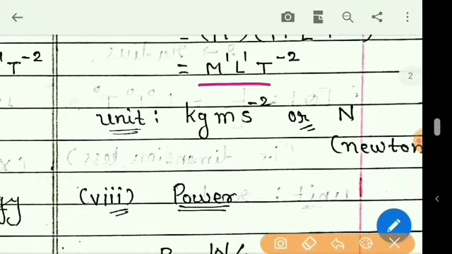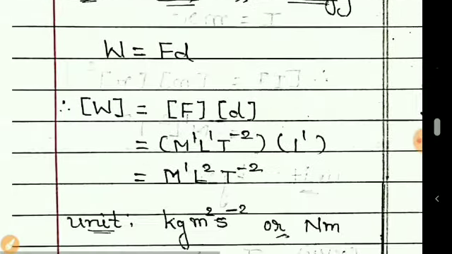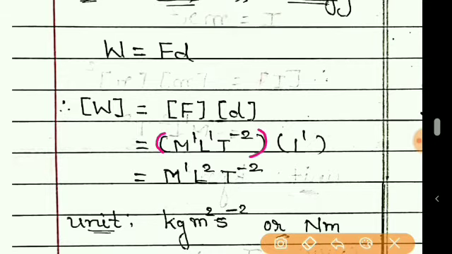If we are able to remember this formula, then directly we can write that dimension of F is M¹ L¹ T raised to minus 2, and for distance it is L.